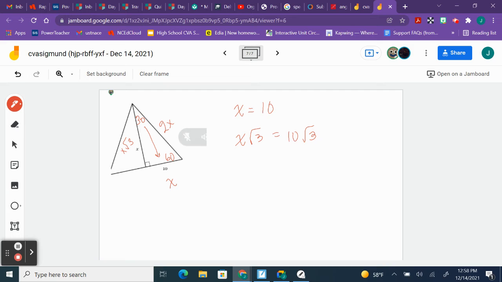And the square root of 3 can't be simplified, so you're done. That's it. 10 square roots of 3 is for that side. Yay. And I hold my breath every time.